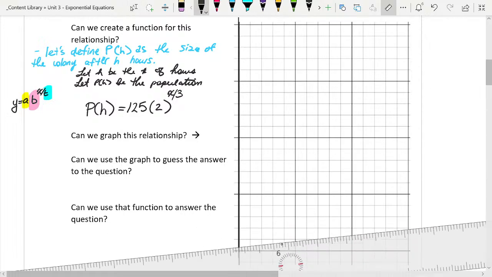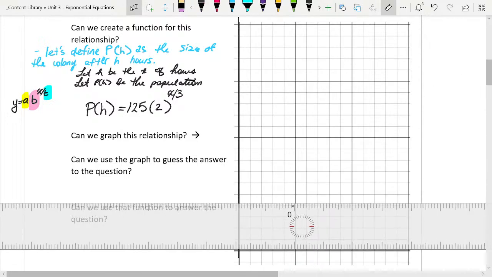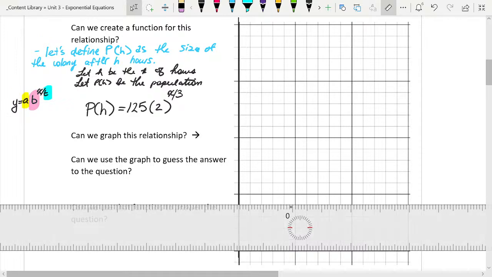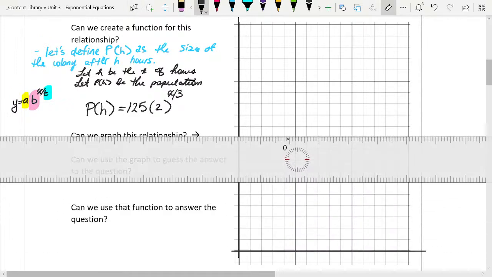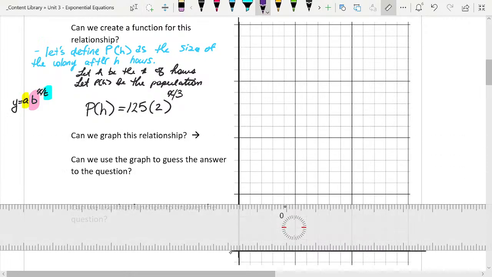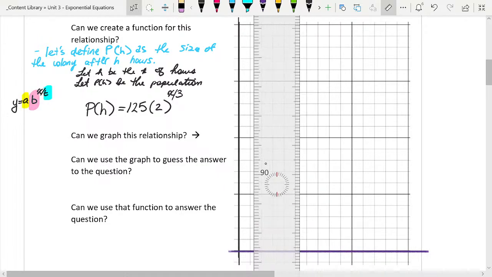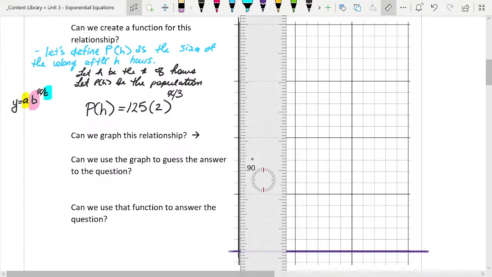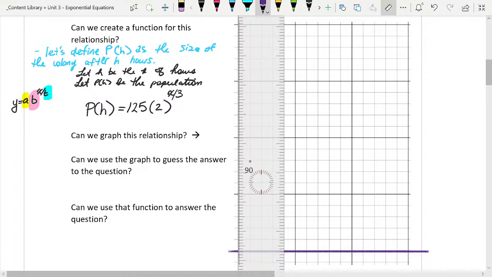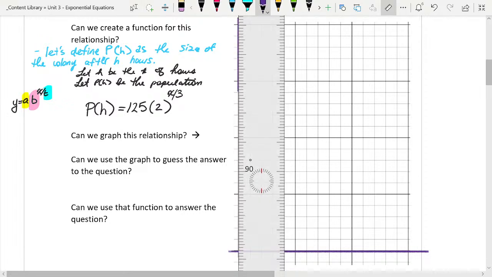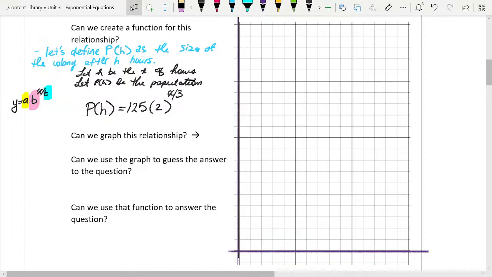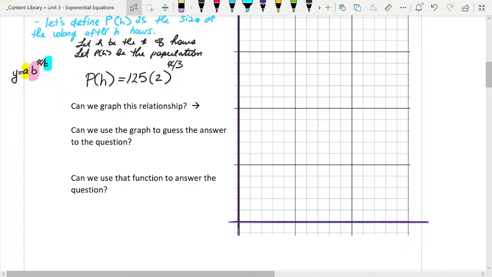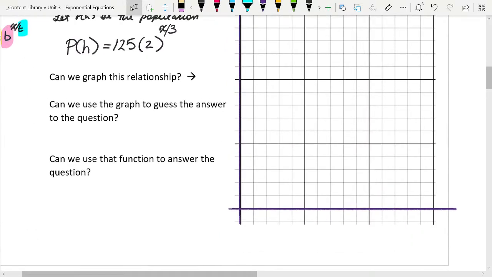It's not like a parabola where there's a nice, neat step pattern, and it's not like a line where you can just do rise over run, draw your second dot, and put a line between it. So this is a case where I often find graphing pretty unhelpful, because your graphs inevitably get out of control quickly and are messy.